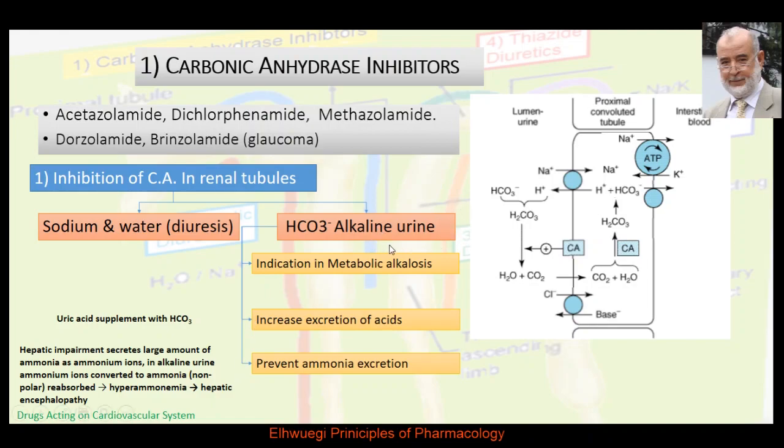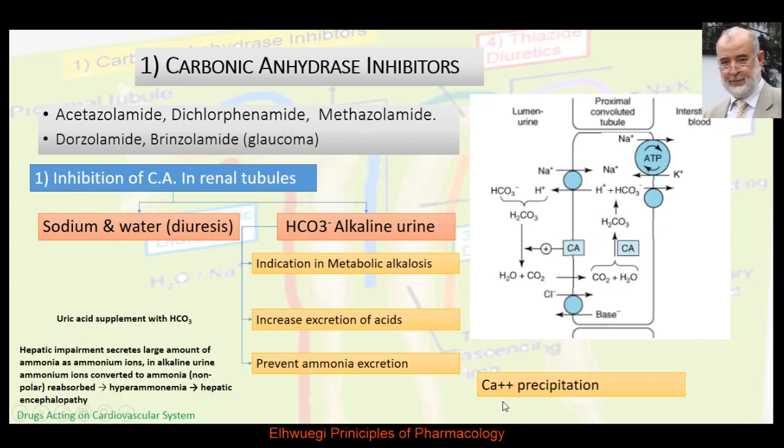Of course, we know that calcium, which is secreted in the urine as well by glomerular filtration, will be precipitated in alkaline urine. This will result in renal stones, calcium renal stones.